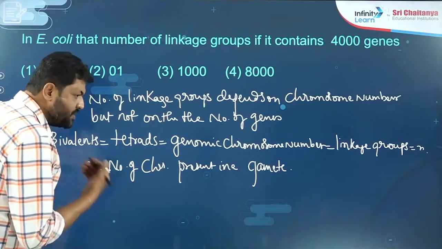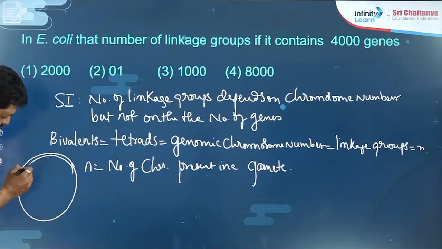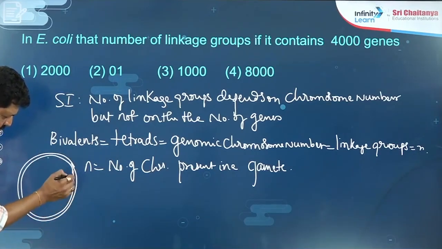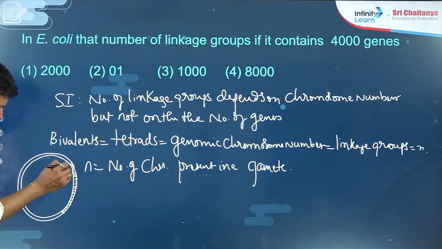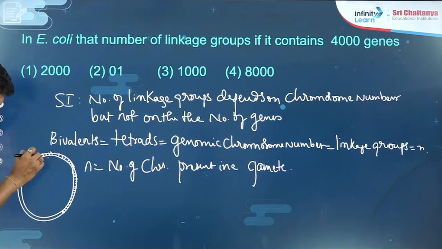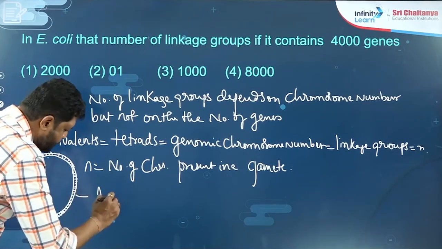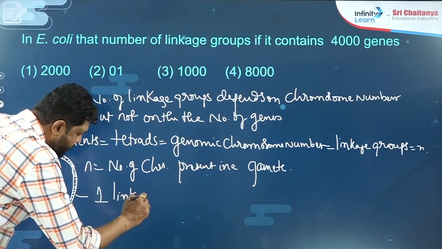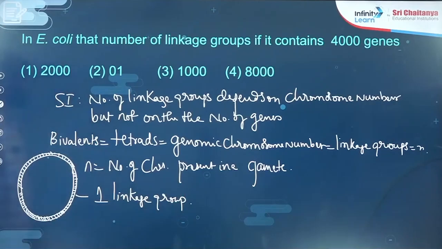coli has 4000 genes, but all the genes are linked to one single DNA. There are 4000 genes, let us imagine, but linked to only one single double stranded DNA, then it is only one linkage group.